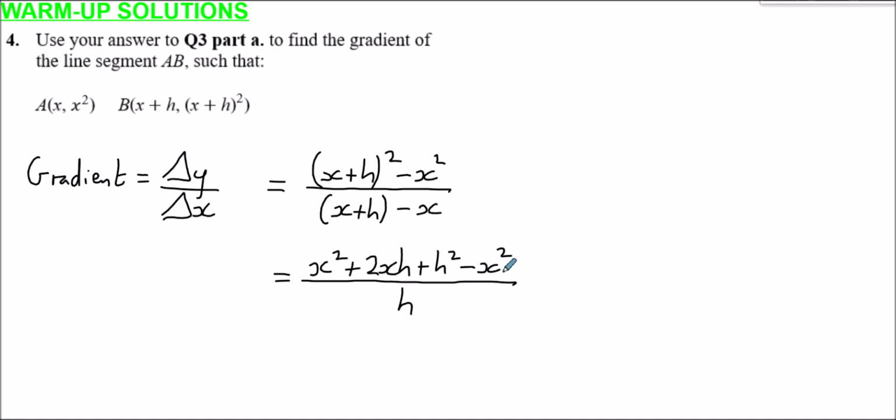Can you spot it? It's going to be the x squareds, so they can go. And so we're just left with 2xh plus h squared all over h. So we can divide both the terms in the numerator through by h, and we just remain with 2x plus h.